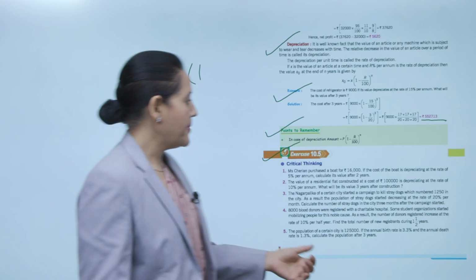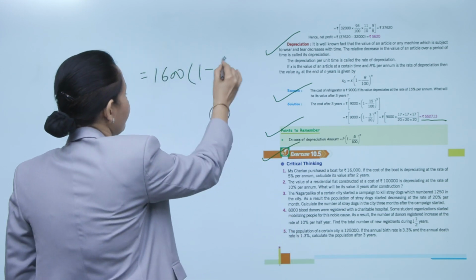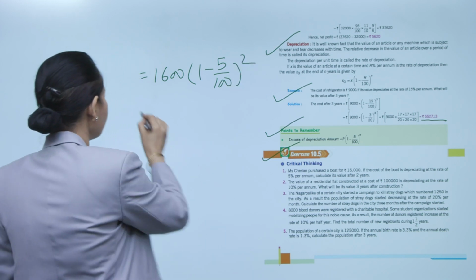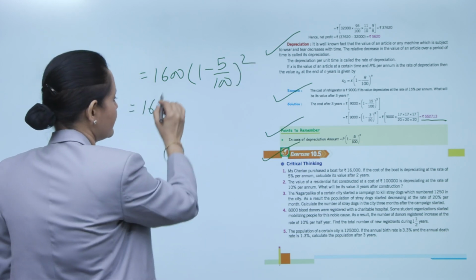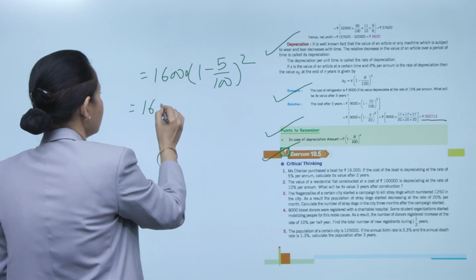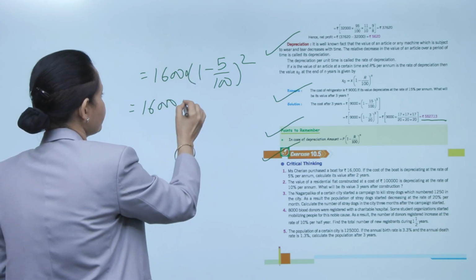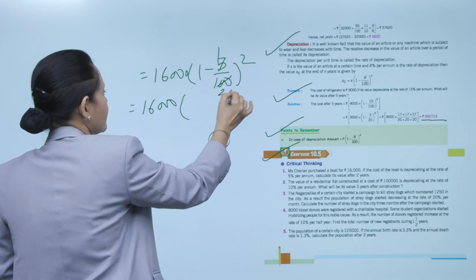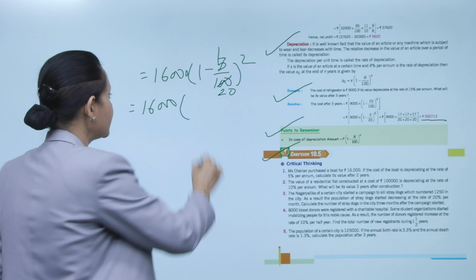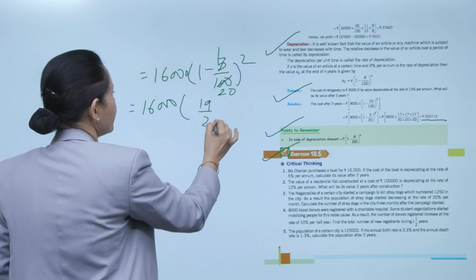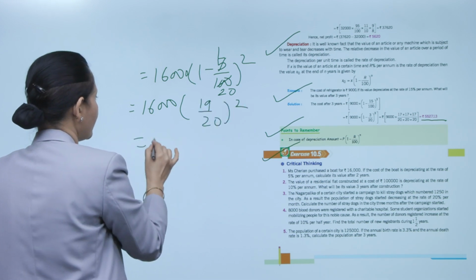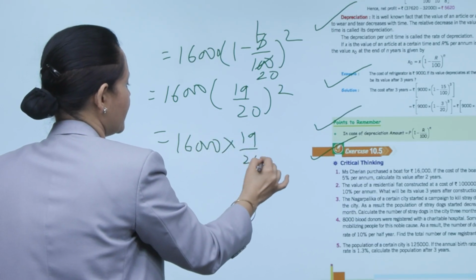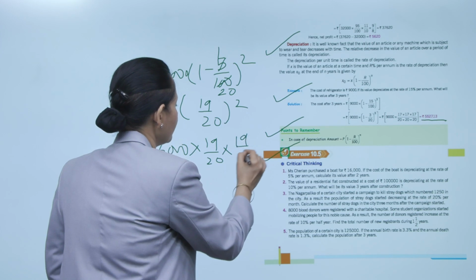16,000 (1 - 5/100)^2, because the value is depreciating. 16,000, that is (19/20)^2. We will solve this. 16,000 into 19 upon 20, so 19 upon 20.